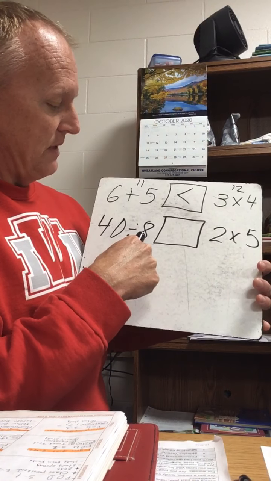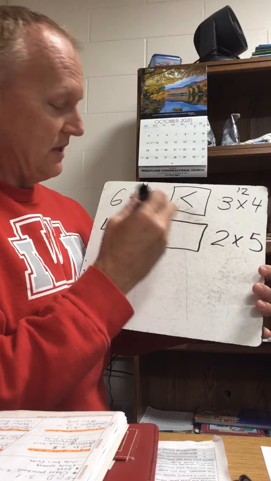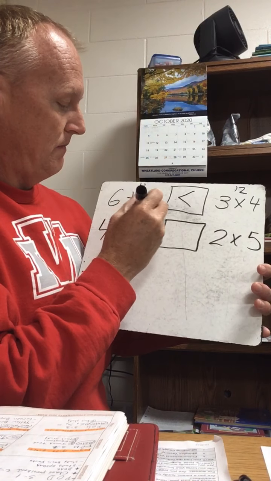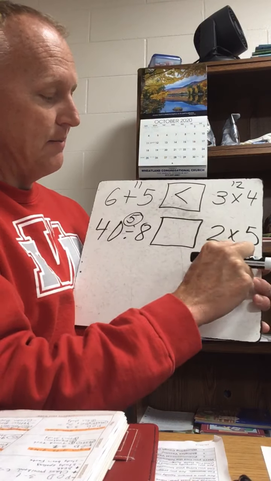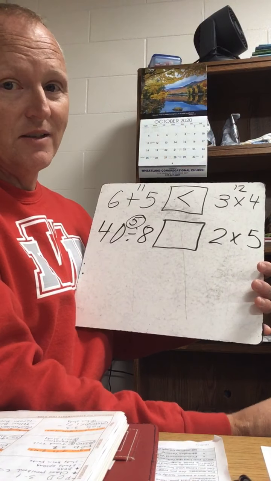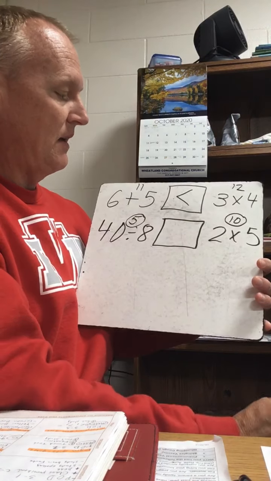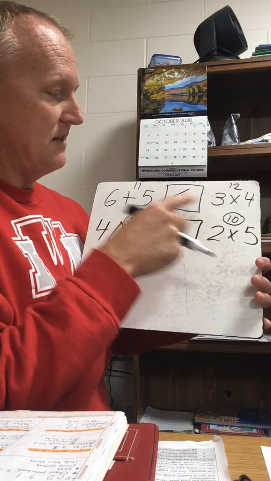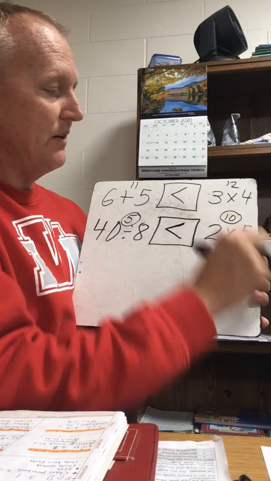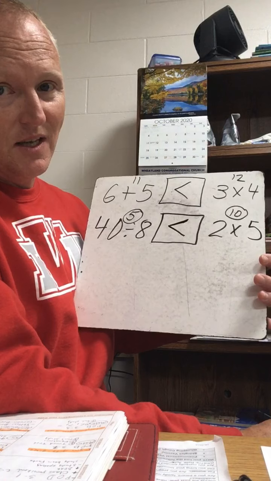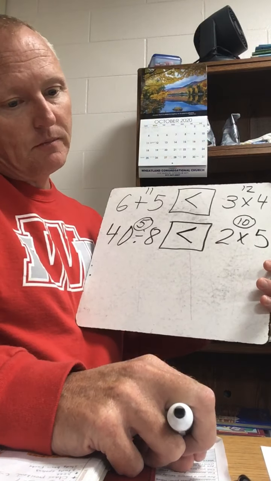So what do you multiply times 8 to get 40? You should know that that's 5. Okay, let's do this math over here. 2 times 5, that's an easy basic fact. That's 10. Okay, 5 is less than 10, so we need the less than sign, and the alligator is eating the bigger number once again.